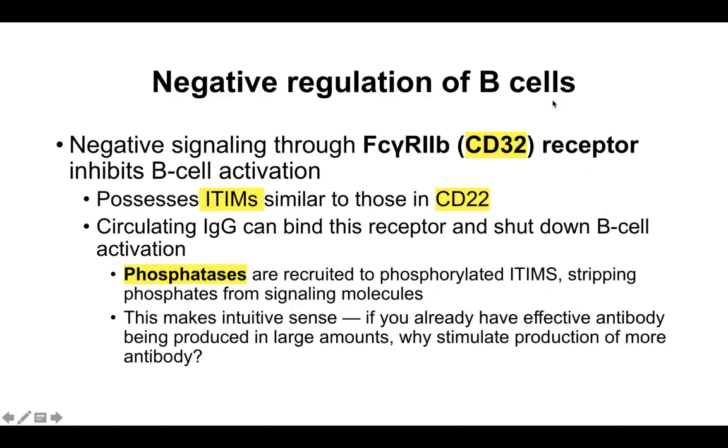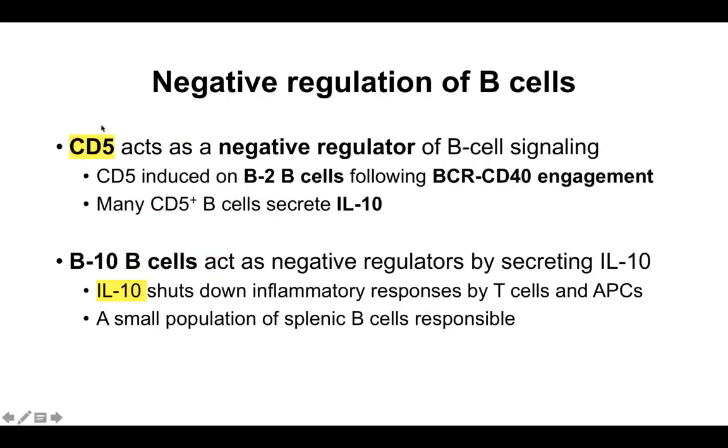You also can have negative signaling through CD32, which is an Fc gamma receptor, and it has these ITIMs, or immunotyrosine-based inhibitory motifs, and phosphatase are also involved in this process. CD5 is a negative regulator for B cell signaling. Many of the CD5 positive B cells make IL-10, and IL-10 is an anti-inflammatory cytokine, and it can overall be a negative regulator of B cells.